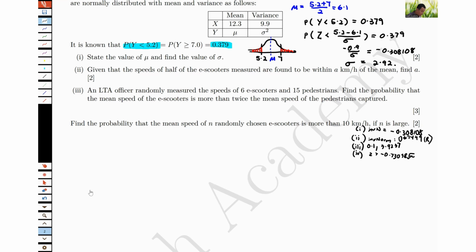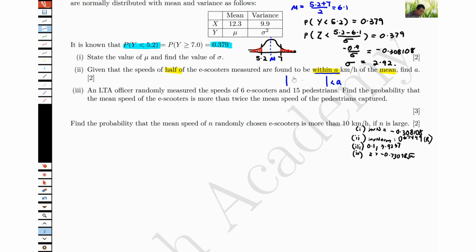Okay, part 2. They say that the speed for half of the e-scooters measured are found to be within a km per hour of the mean. Let's solve for a. I want to touch on that phrase "within a" first. It might be hard for you to write in an equation, but when you see the phrase "within a", it must mean that a certain modulus difference is less than a. That something will be a difference between two values.